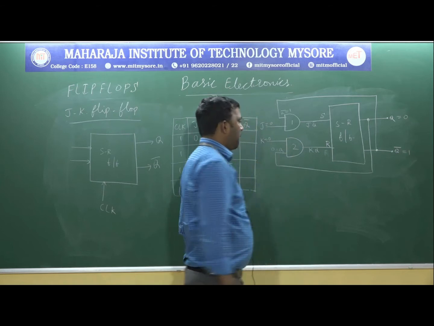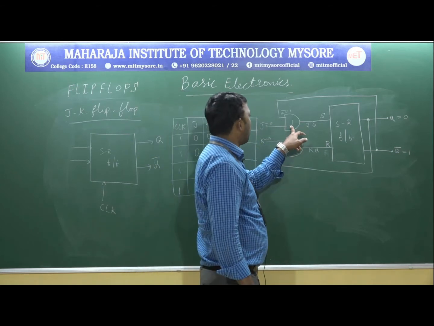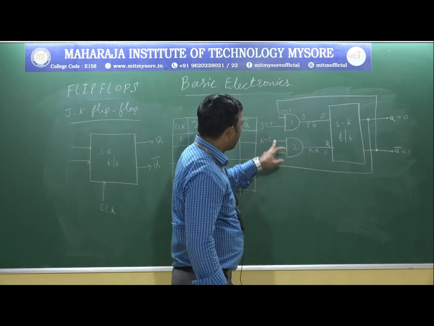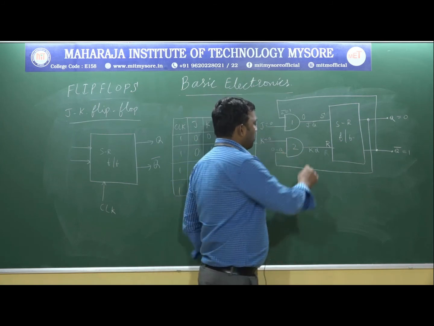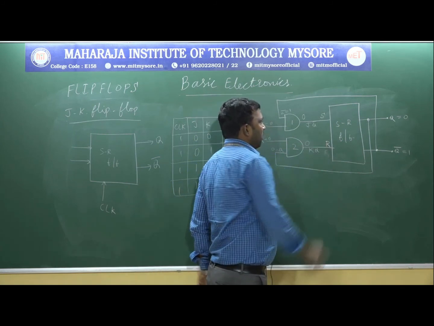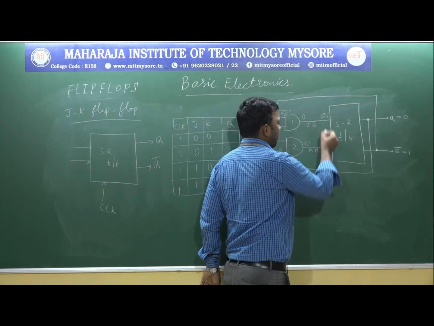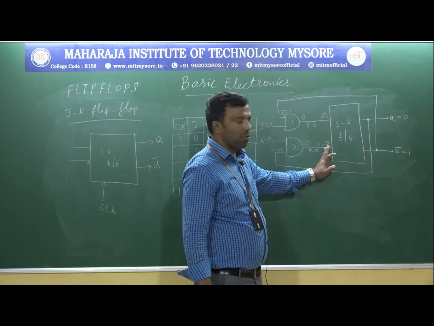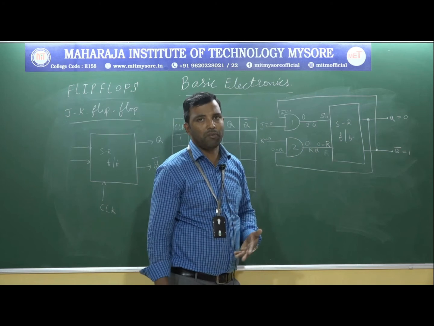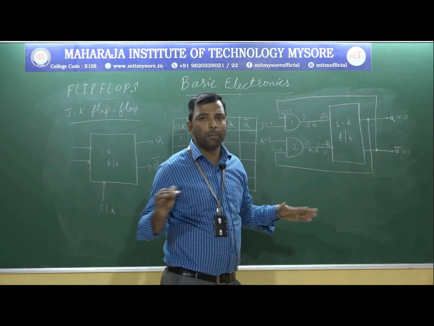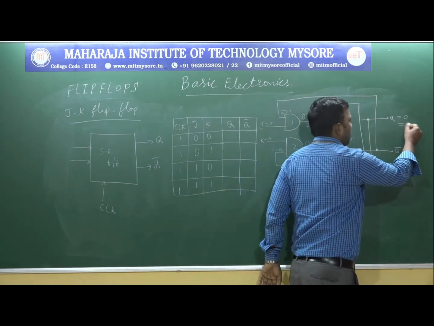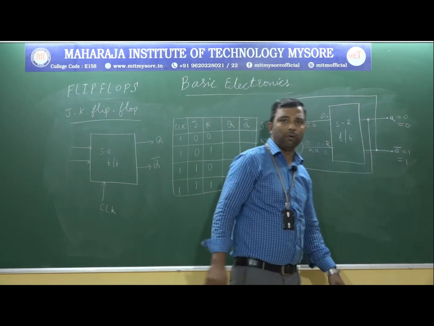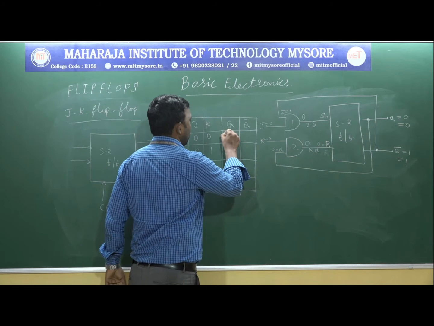The AND gate 1 output is 1 with 0, which is 0, and K is 0 and Q is 0, so the output is also 0. Now S equals 0 and R is also equal to 0. When both S and R are 0, as studied earlier in the SR flip-flop, the output remains the same, that is Q is 0 and Q bar is 1. The present value is the same as the previous value. This is no change.